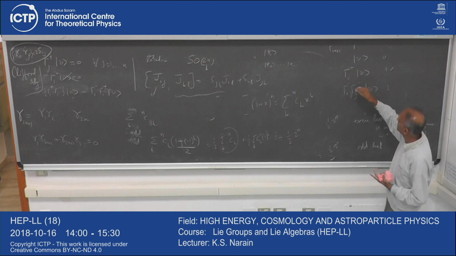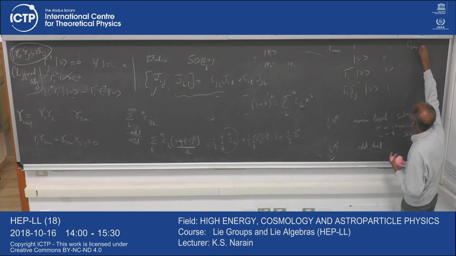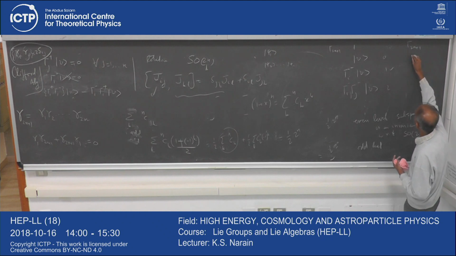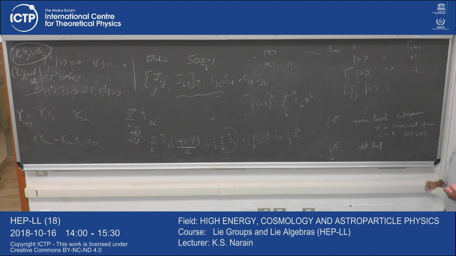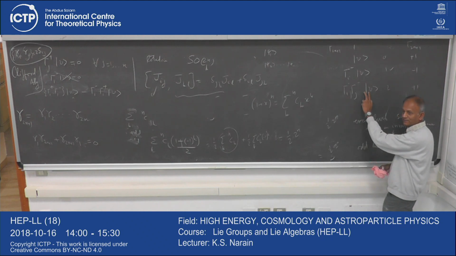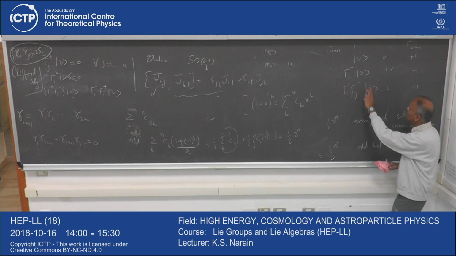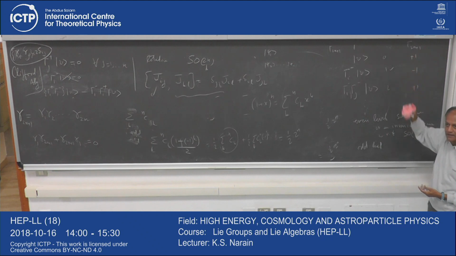I'm just writing down the eigenvalue of gamma 2n plus 1. If I pick up this eigenvalue plus 1, then this eigenvalue will be minus 1. This one will be again plus 1, because when I move gamma 2n plus 1 across 2, I have to move it 2 times with the same sign. So all the even guys have the same sign, and all the odd guys have the same sign, opposite to the even ones.